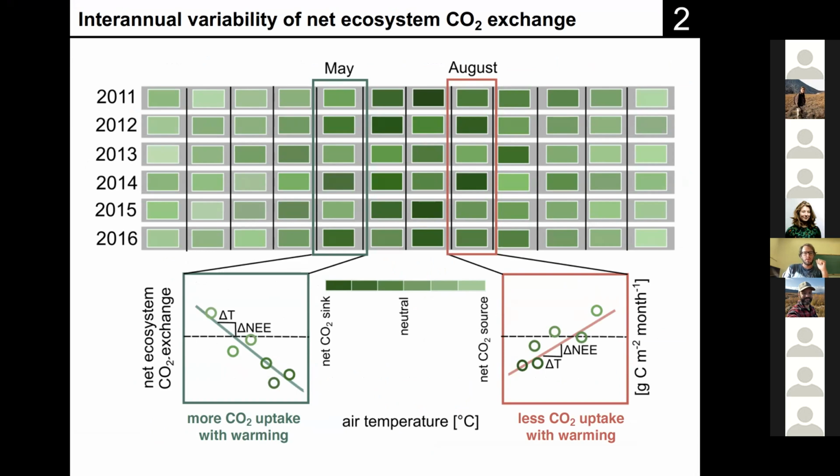You look into the net CO2 exchange, and on the x-axis here, the air temperature. And then with a simple empirical relationship, you look into whether net CO2 uptake increases or decreases with warming. So here, that would be an increased net CO2 uptake because it's a negative relationship. That would be a positive relationship, which would be a decrease in the net CO2 uptake.